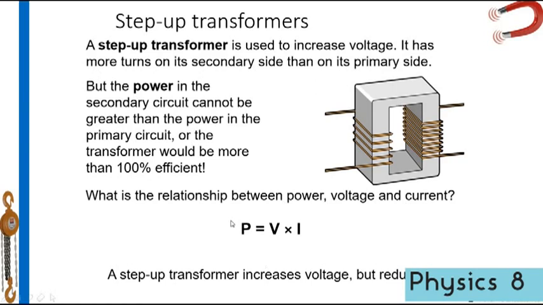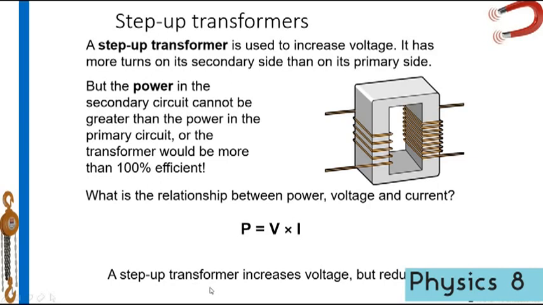Well, the power is equal to the voltage multiplied by the current. So if we know the power, we can determine the voltage, but more commonly, if we know the voltage and we know the current flowing through one side of the transformer, we can then determine the power in that circuit.